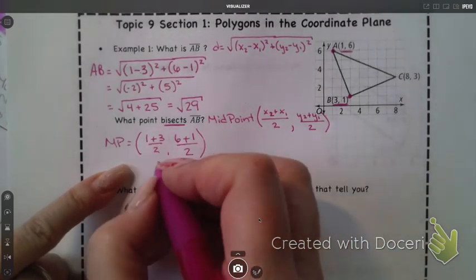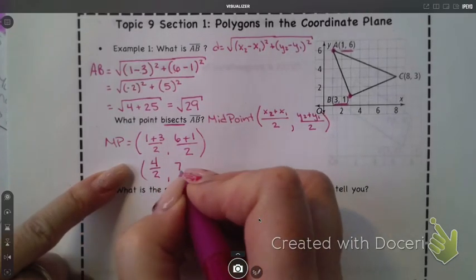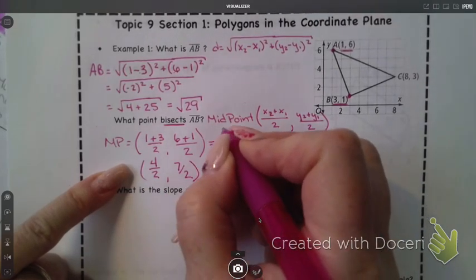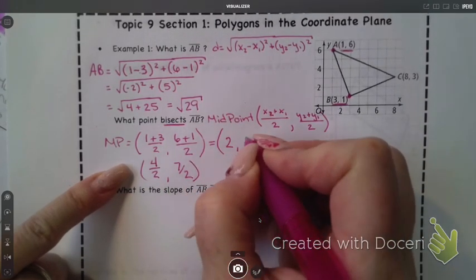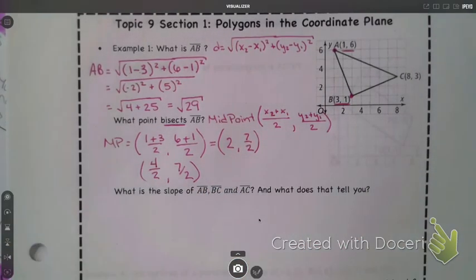So 1 plus 3 is 4. 4 over 2 and 7 over 2. But 4 over 2 is what? 2, comma 7 over 2. And 7 over 2 is 3.5, isn't it?